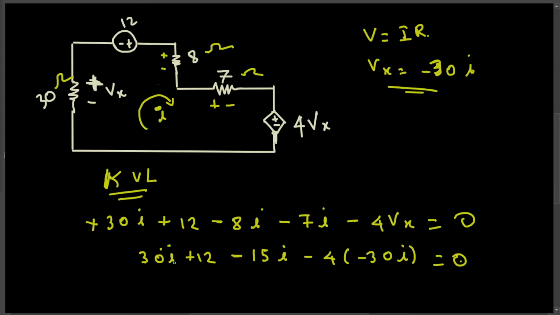So 30i, and let's actually add all the i's together. Let's multiply this one first. So 30i plus 12 minus 15i. This is minus 4 times minus 30, that's plus 120i, that's equal to 0. 120 plus 30, this is 30i. 120 plus 30, that is 150. 150 minus 15, that is 135.